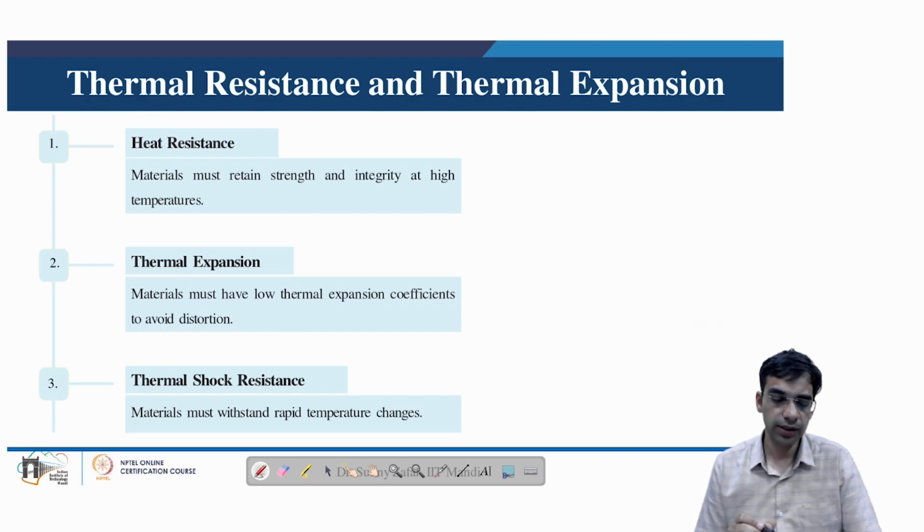Thermal shock resistance is another important property, which allows the material to withstand rapid temperature changes. Sometimes the material under drastic change in temperature, not only going to elevated temperature but also sub-zero temperature, drastically converts to an opposite behavior.